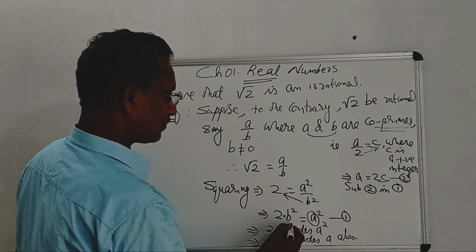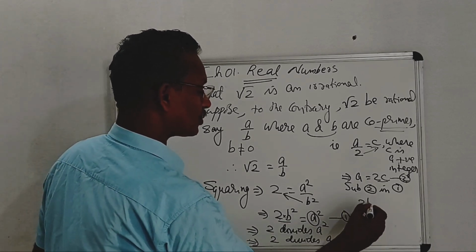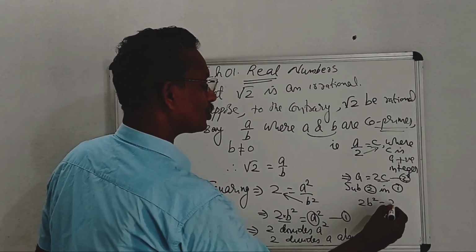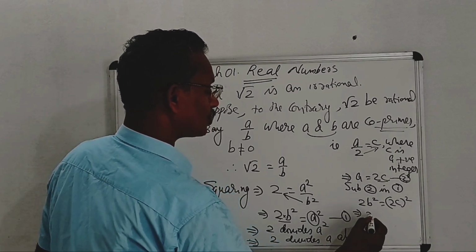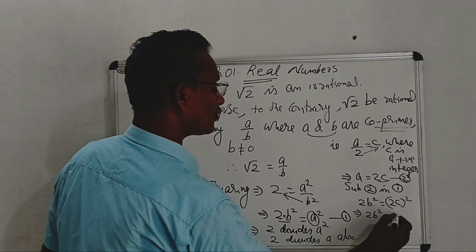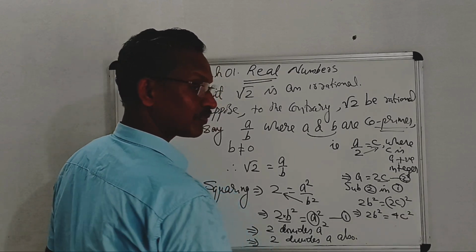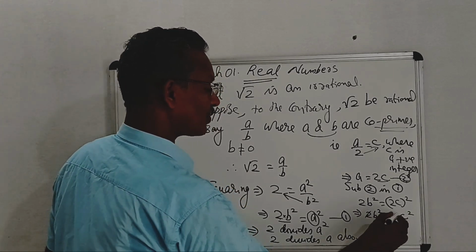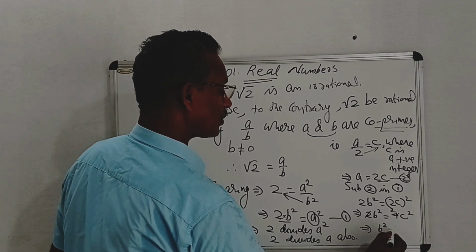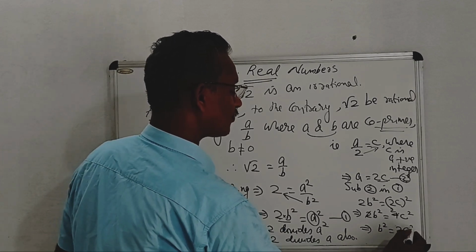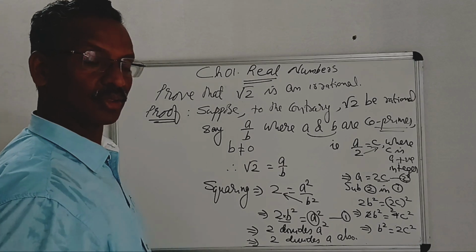So the left side of this equation is 2b square is equal to 2c the whole square, which gives 2b square is equal to 4c square. You can cancel out 2 from both sides. You get b square is equal to 2c square.